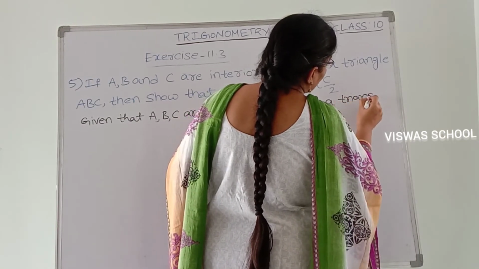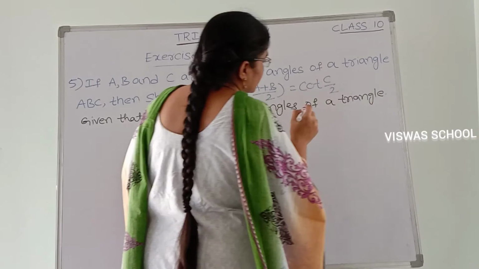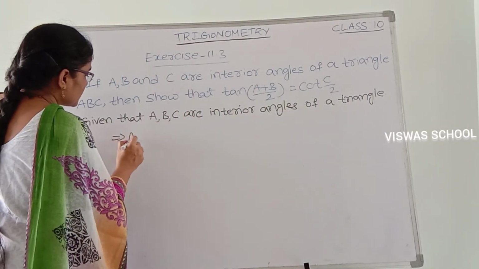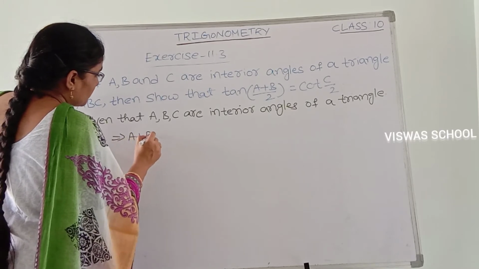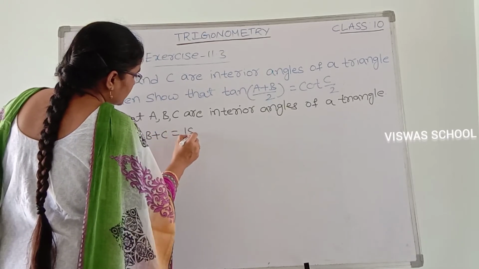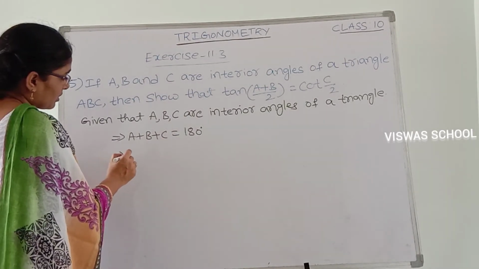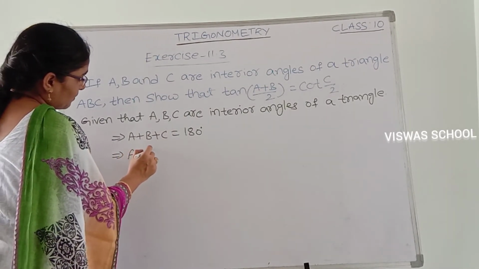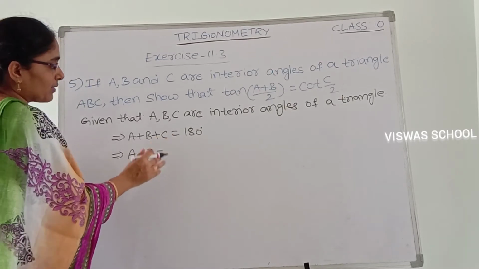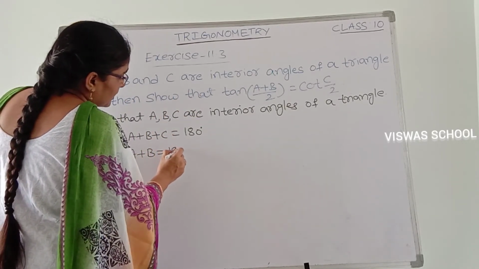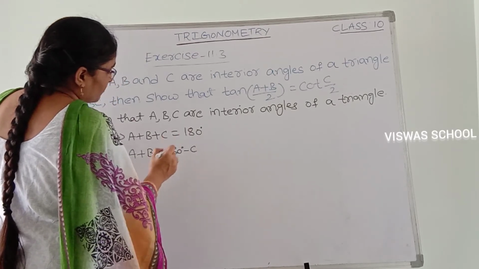From this, the sum of the three angles of a triangle is 180 degrees. That is, A plus B plus C is equal to 180 degrees. Here I am writing this as A plus B is equal to, I am writing this C on the RHS side. That is 180 degrees minus C.